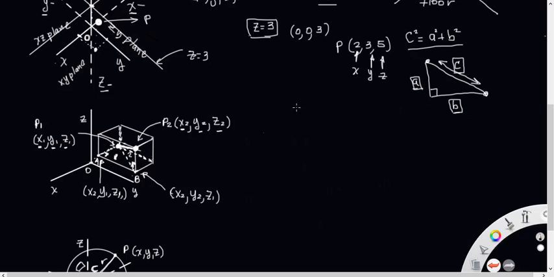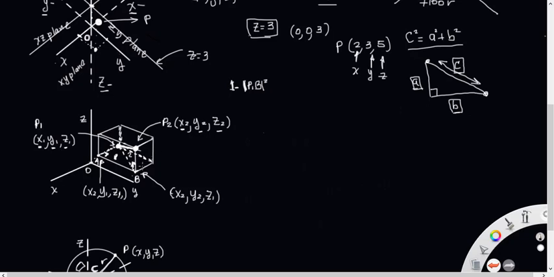So let's write that, and let's take note of this. The first triangle, if we want to calculate the hypotenuse of this, is going to be P sub 1B squared, because we want to know the distance for what?